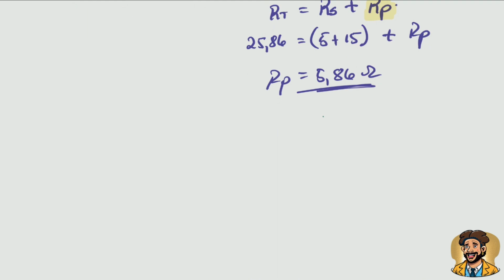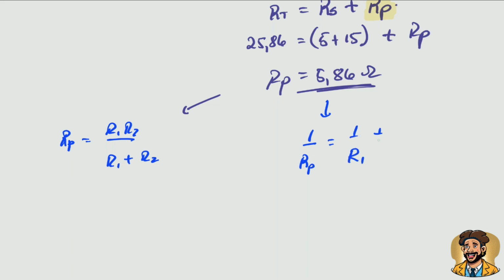Alright, so now what do we do with that one? Well, guys, we come to either one of the two formulas for resistors in parallel, which are the following. We can say that R in parallel is equal to R1 R2 divided by R1 plus R2, or we can say that 1 divided by R in parallel is equal to 1 divided by R1 plus 1 divided by R2. Either one of the two formulas can be used.